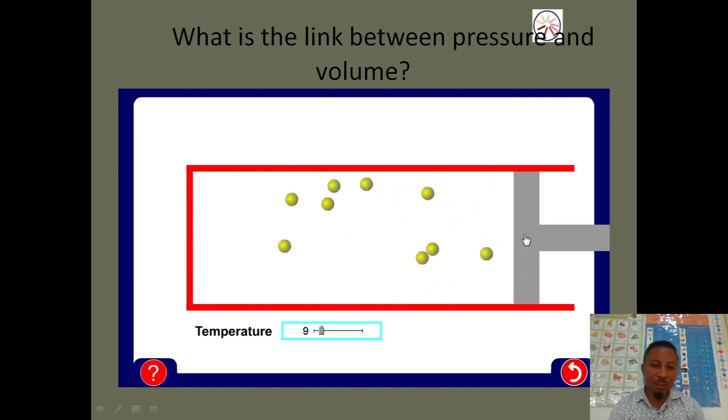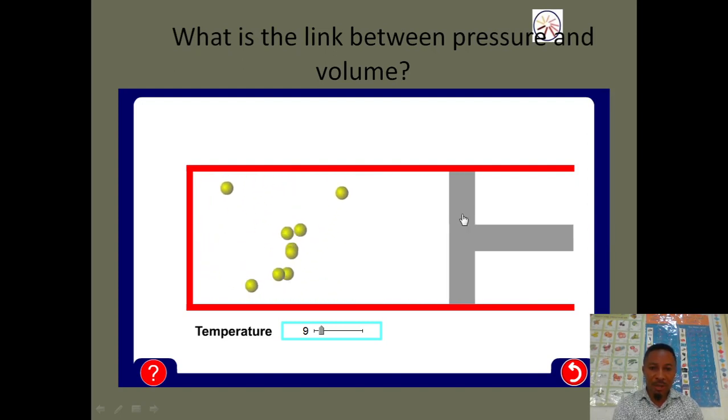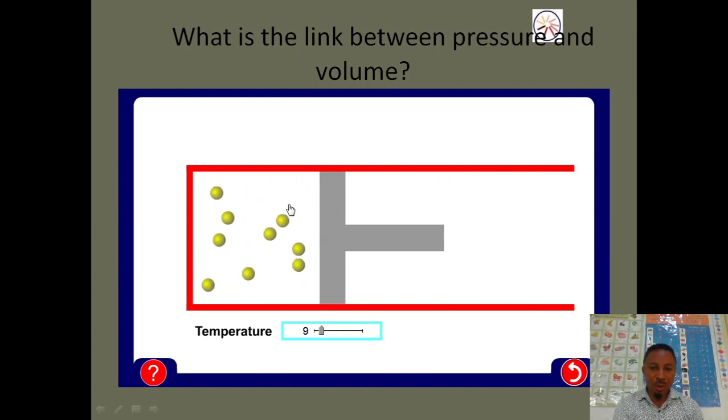And remember what I told you about pressure. Gas pressure is actually caused by particles or molecules colliding with the walls of the container or the walls of the vessel. So here I have more pressure because the collision is more, but here I have less pressure. So I have less pressure when the volume is bigger, but when the volume is smaller, I have more pressure.